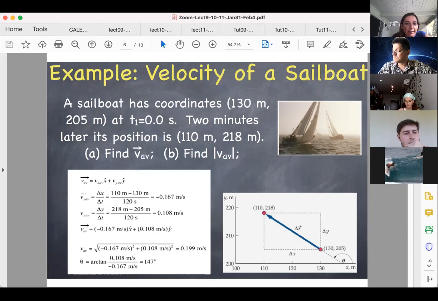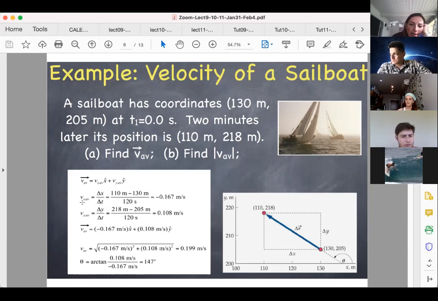Now we know that the average velocity, the vector, is the average velocity along X plus the average velocity along Y, right? Those are the components. And of course, we need to put X and Y because this is a vector, so they are in two different directions.